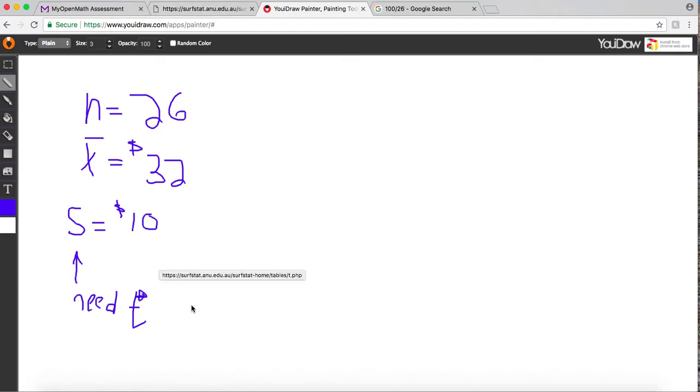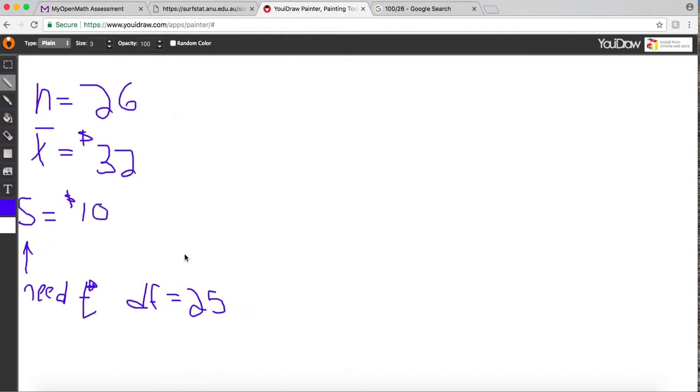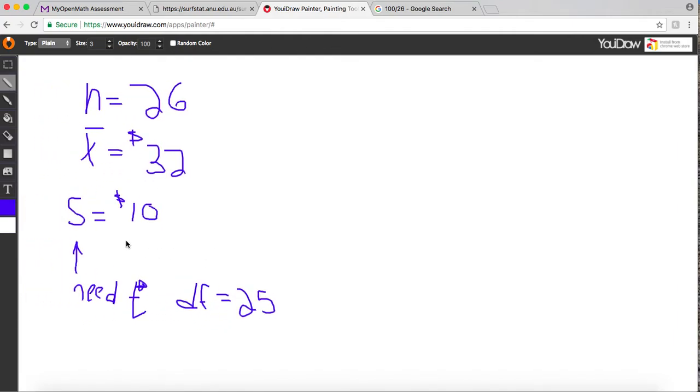So if we need T star, then we need the degrees of freedom. And remember that the degrees of freedom are equal to n minus 1. So in this case, it's going to be 25, because that's one less than our sample size. The other thing that we need to know is our probability, which is what confidence we're looking for.